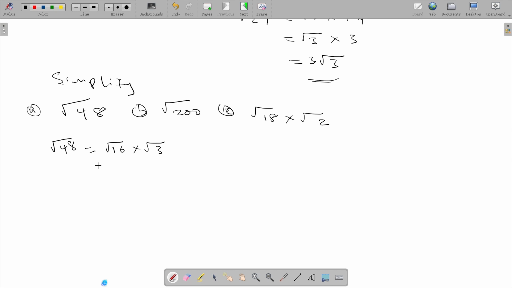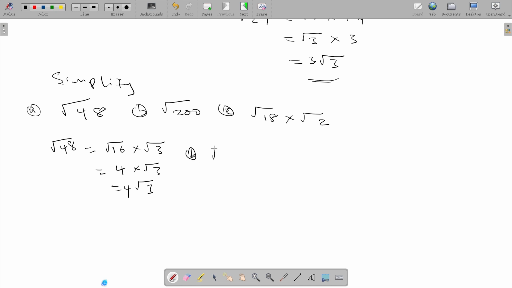Nothing has changed. We do know that square root of 16 is 4, since 16 is a square number. You may refer to what we just did. So 4 times square root of 3 is 4 root 3. That's all. How about B?